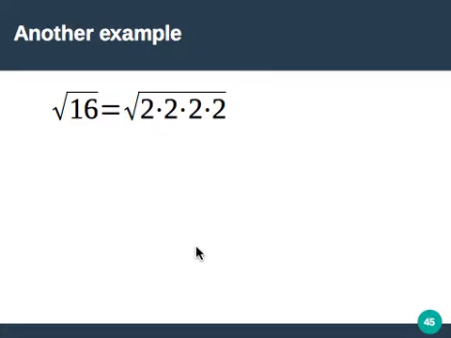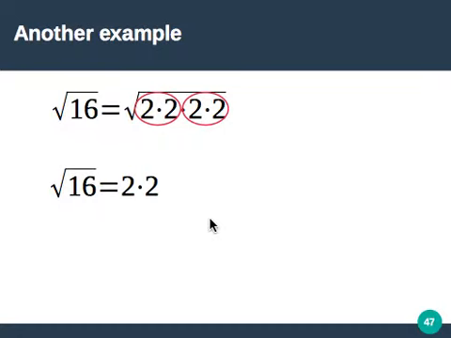And what do we do next after this? Well, again, we have to pair them up. So here's a pair and here's another pair. Those two pairs have a square root, we know it's going to be the square root of 4 and the square root of 4. You don't need to do it. You know that when you have two equal numbers, the square root is exactly the same number that you have there.